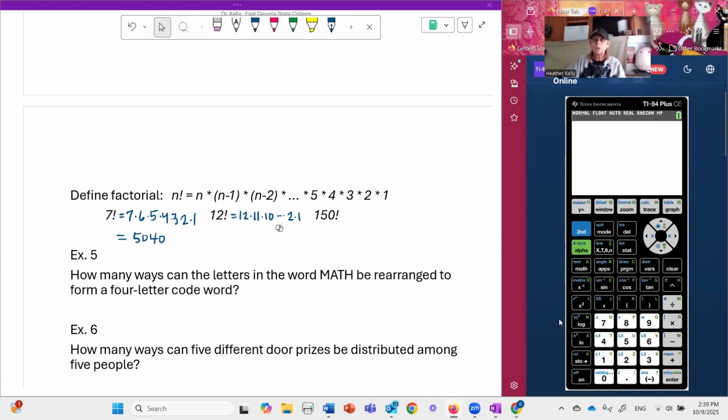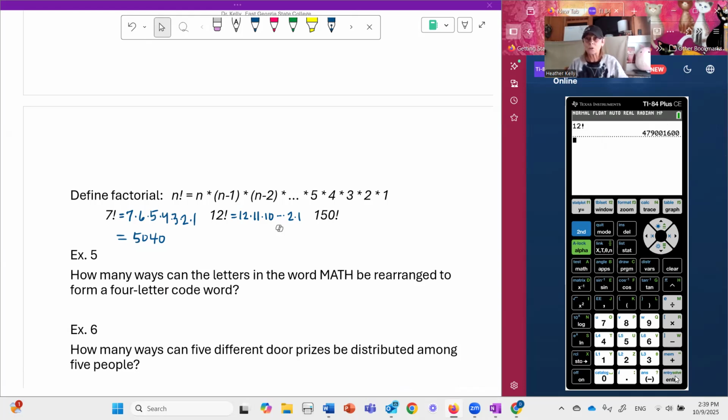Okay, let's do this, 12 factorial. What you have to do is put in your number first, 12, and then go over here to where it says math, over to probability, and then down here to the fourth option. You see that exclamation point? Hit enter again.